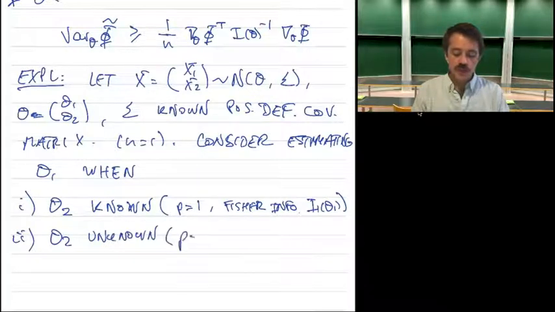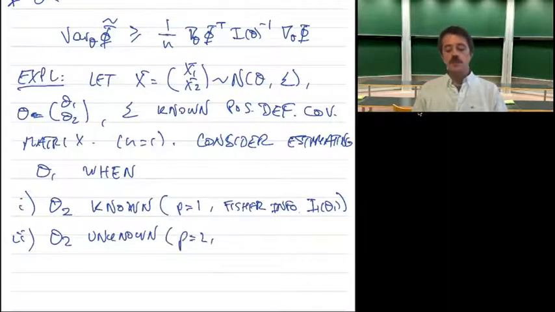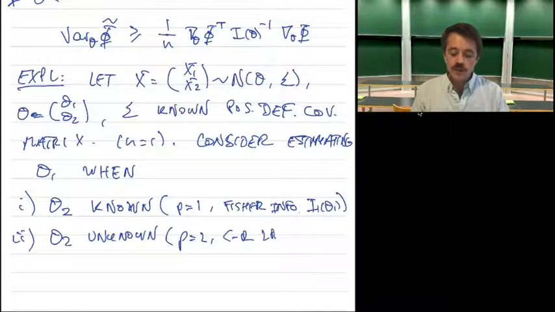So really what you've got now is p equal to 2, and let me call the Cramér-Rao lower bound I_Phi(theta 1).